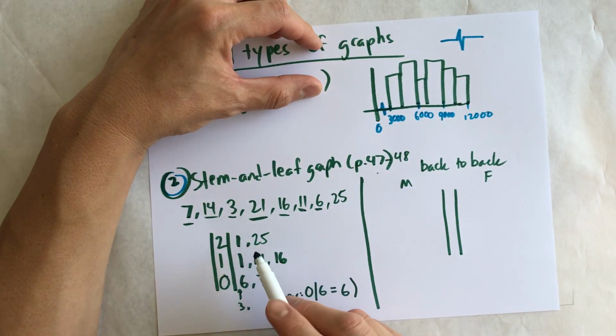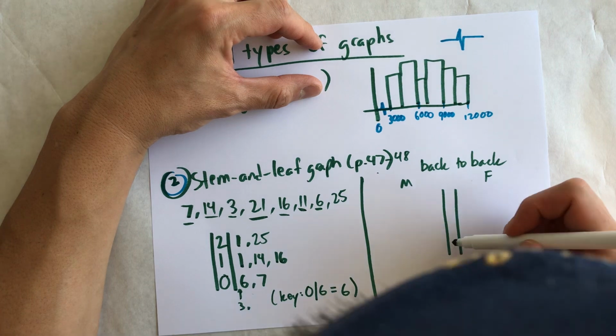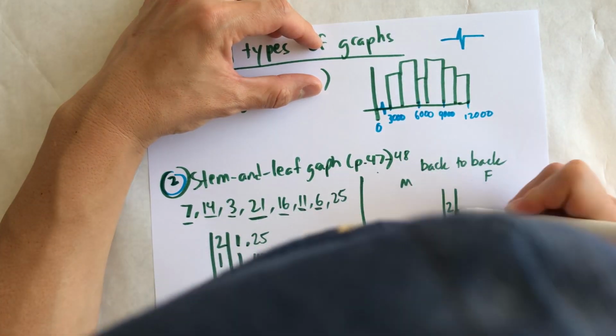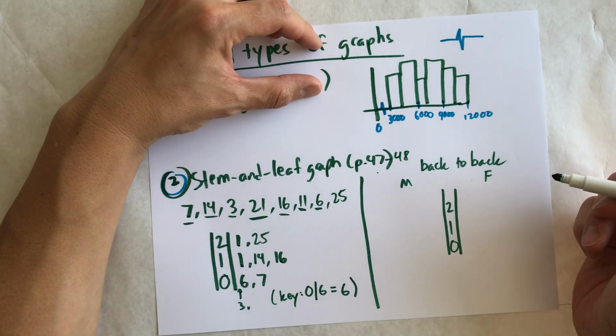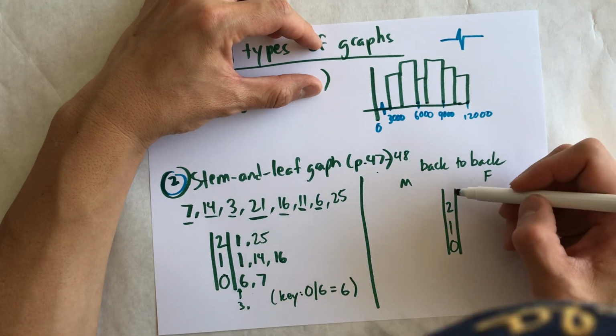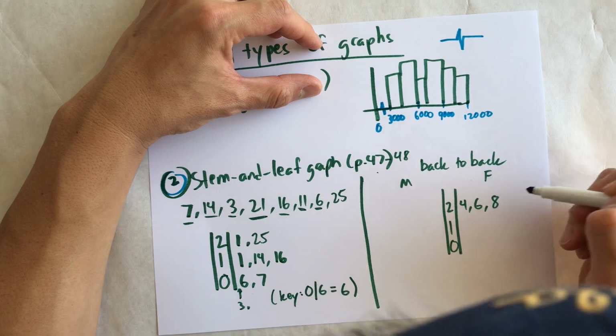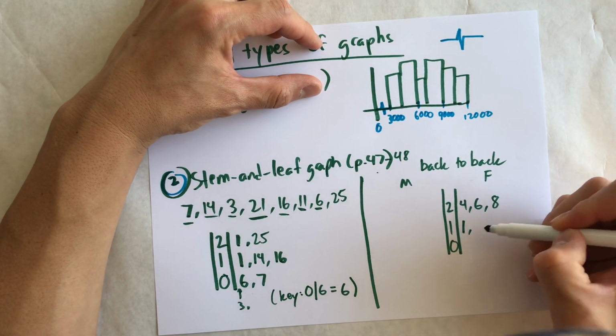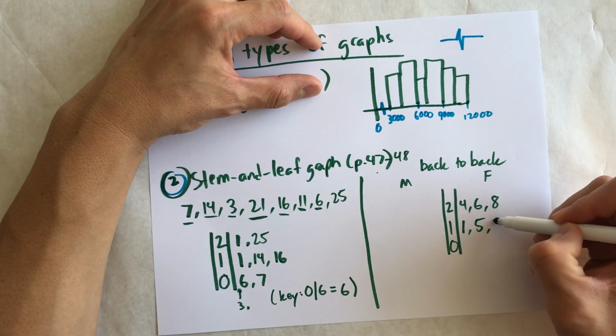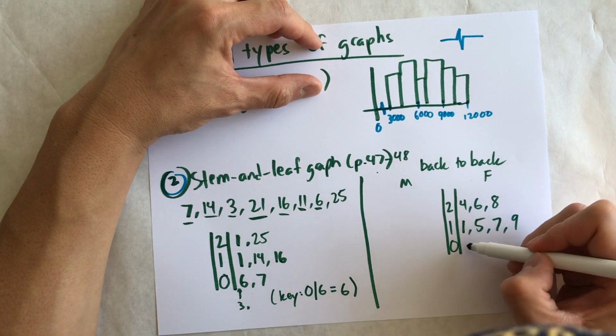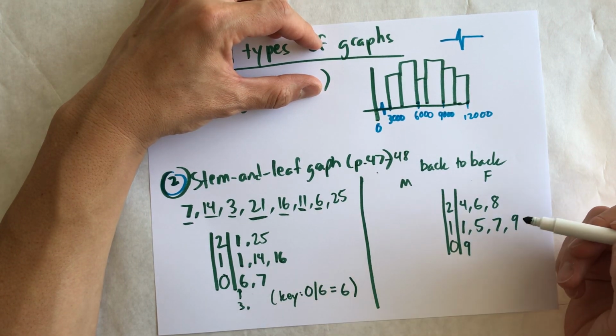I guess we could do letters in your name again. So we have a 0, 1, 2. Let's say there's a female that has 24 letters, 26 letters, 28 letters. There's someone with 11, someone with 15, someone with 17, someone with 19. There's someone with 9 letters.